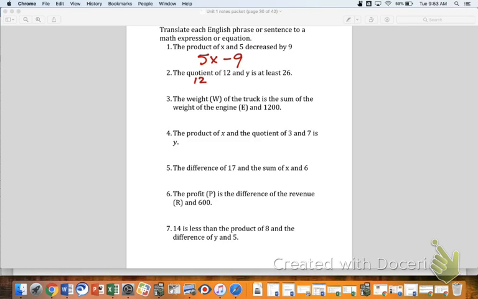That would be 12 over y is at least, that would be greater than or equal to 26. 12 over y is greater than or equal to 26. The weight W of the truck is the sum of the weight of the engine and 1,200. So W equals E plus 1,200.